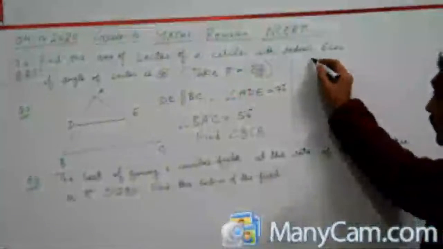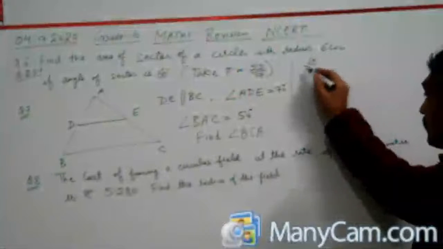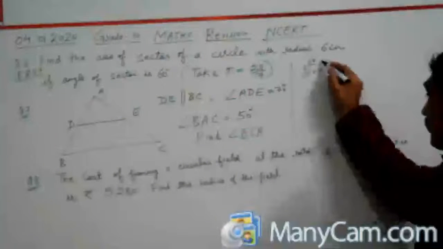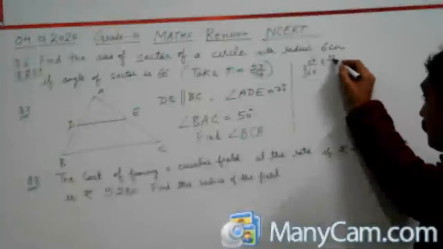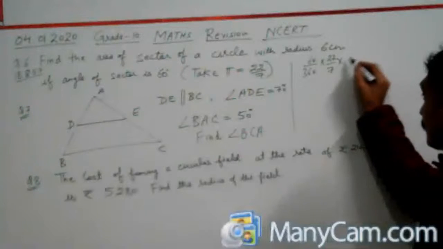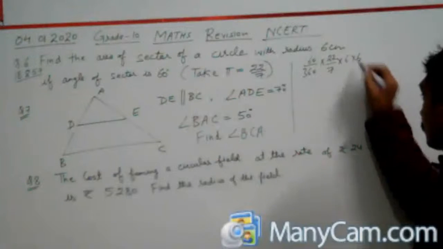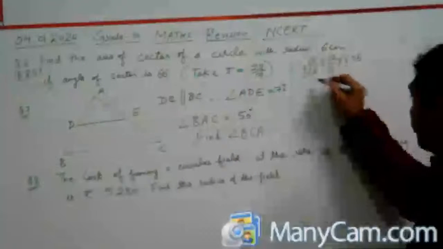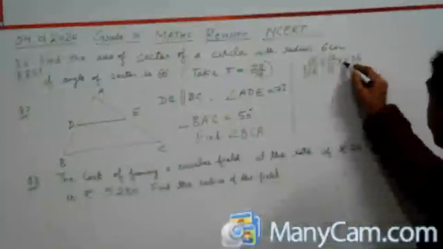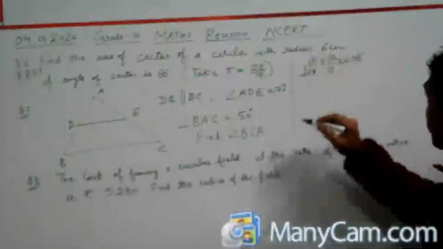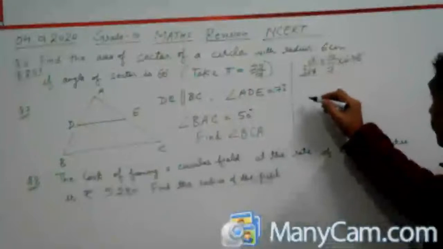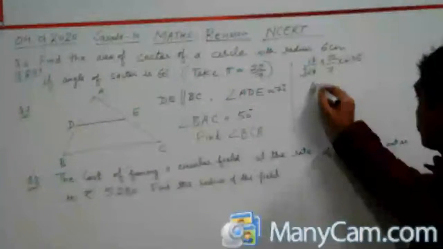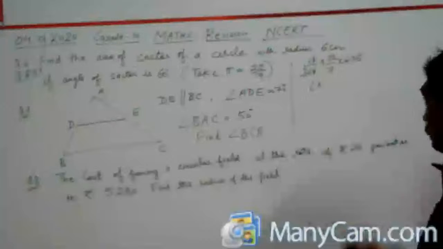What is the area of the sector? Area of the sector is theta upon 360. Theta is 60, 360 into pi, that is 22/7, r square, that is 6 into 6, right? So here 0 gets cancelled with 0, and we have left here 6 into 22 upon 7.